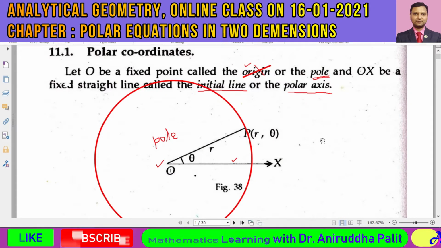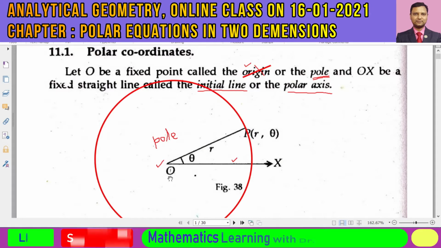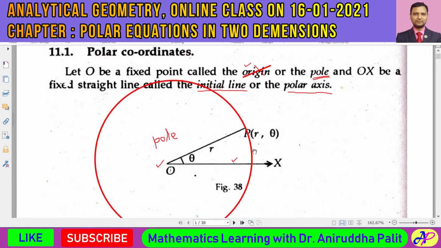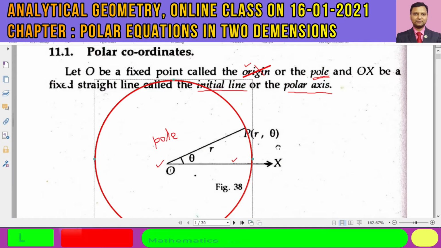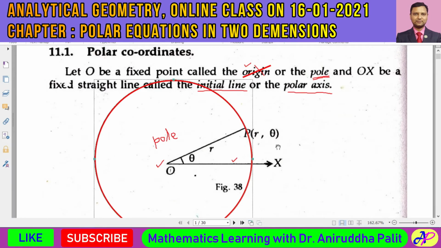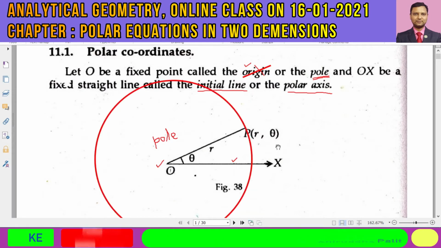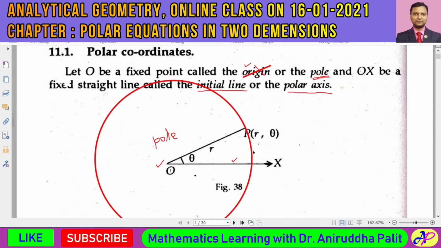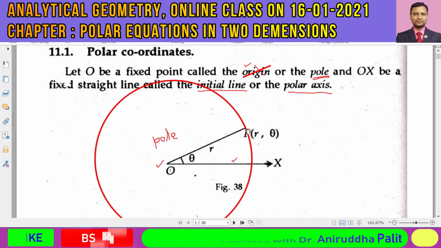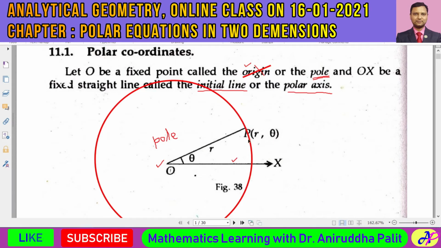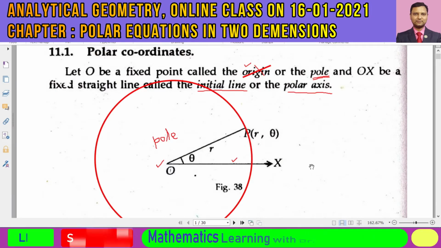Now, what are the polar coordinates with respect to these two fixed elements, the pole and the initial axis? We consider a circle with center O, passing through an arbitrary point P. Suppose we want to find the polar coordinates of this point P. How do we find them?